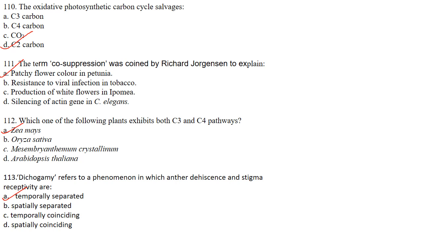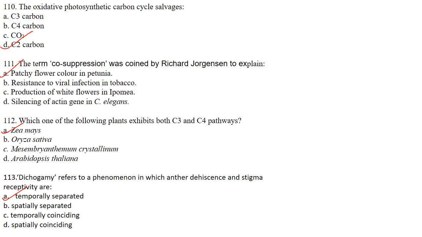Then which one of the following plants exhibits both C3 and C4 pathways? So it is Zea mays. Answer is option A. Dichogamy refers to phenomenon in which anther dehiscence and stigma receptivity respectively are. So dichogamy is a temporal flowering system in which male and female reproductive organs mature at different times within a single flower or across multiple flowers. So the answer here is temporarily separated.